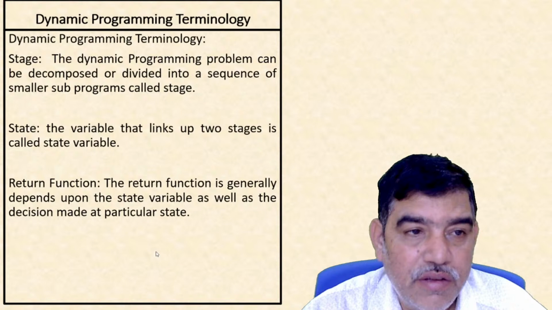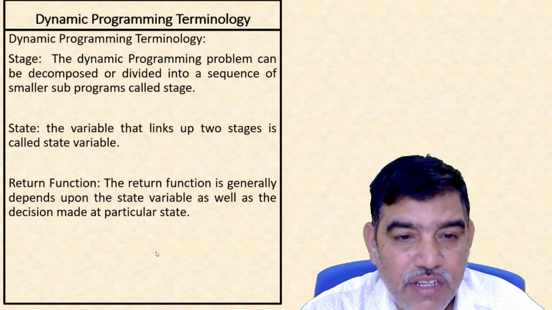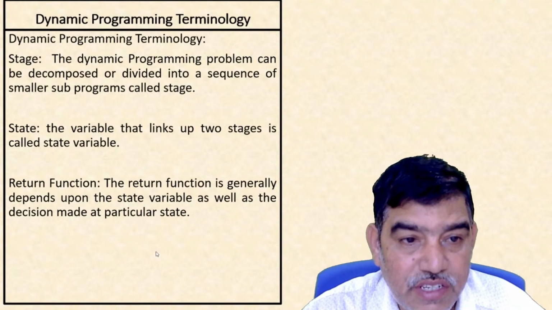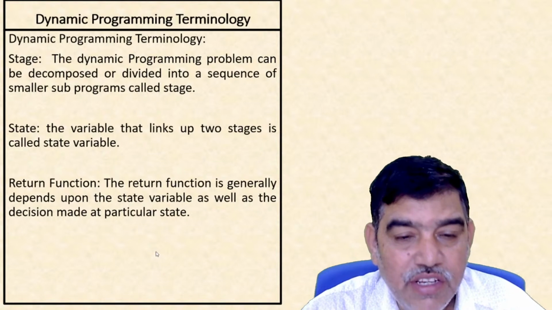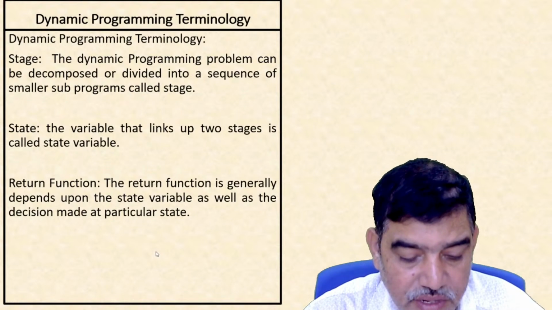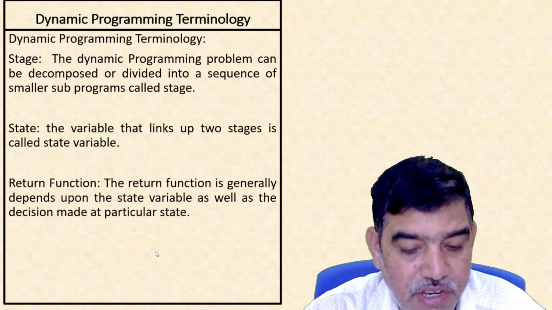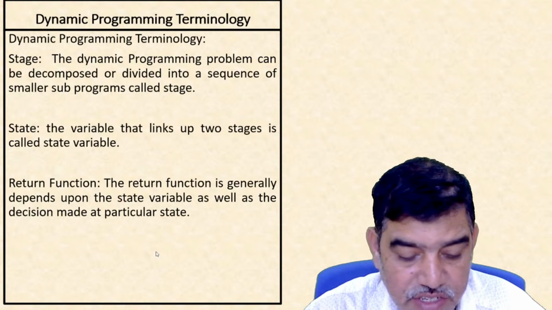Suppose there are 5 stages and the link between stage 1 and stage 2 is called a state. Similarly, stage 2 linked with stage 3 is called another state. These variables provide information for analyzing the possible effects that the current decision could have upon the future course of action.